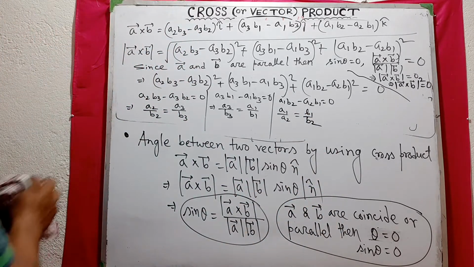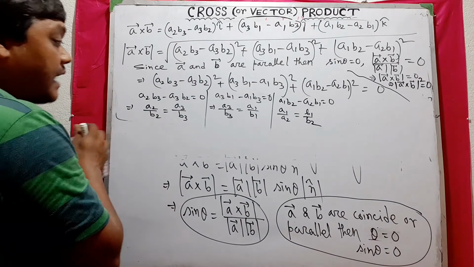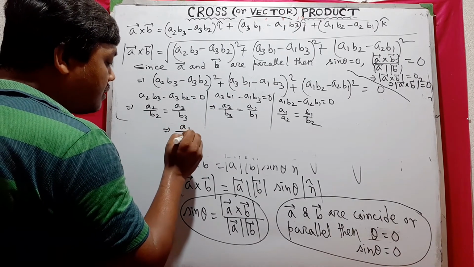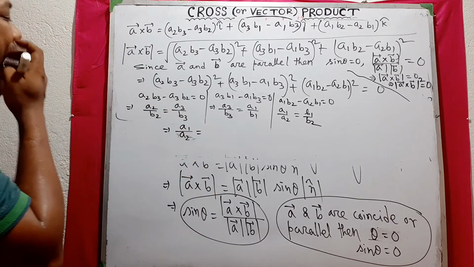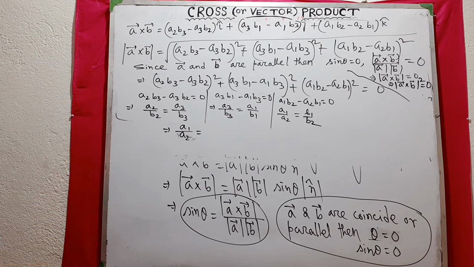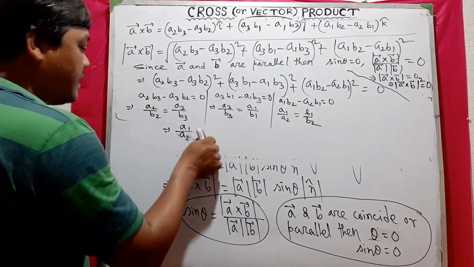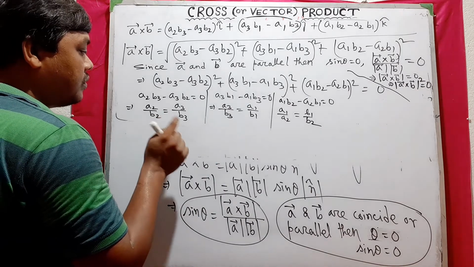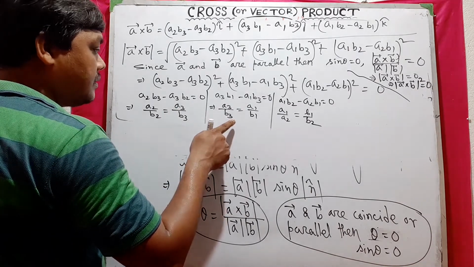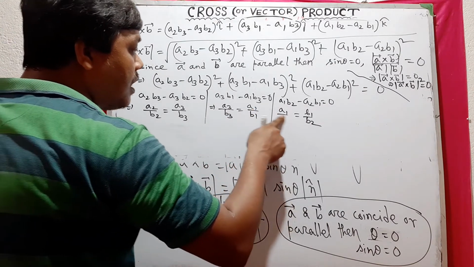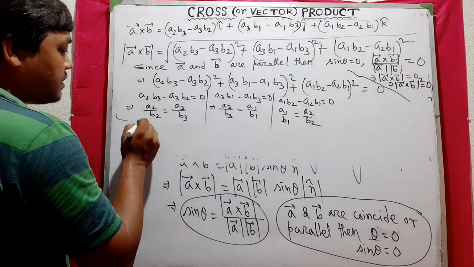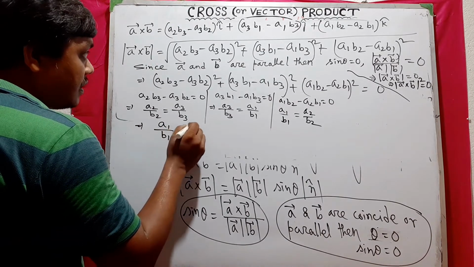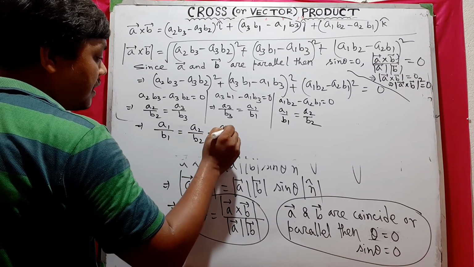So combining all these results, that is another condition of parallelism. It can be written better as a1 by b1, a2 by b2, a3 by b3. Okay, so that gives a1 by b1 equals a2 by b2 equals a3 by b3.